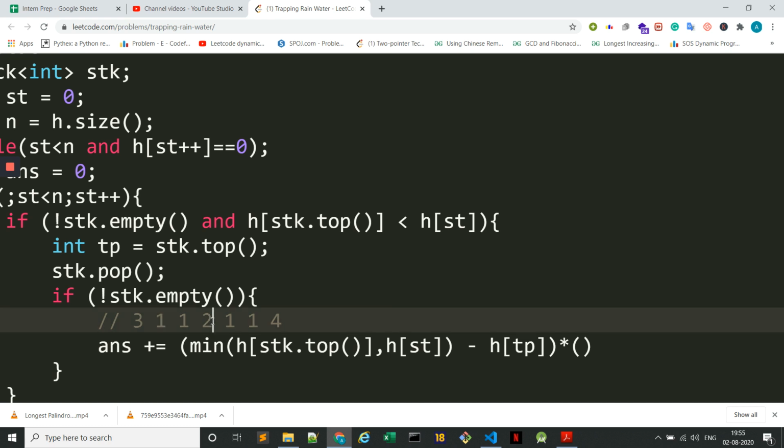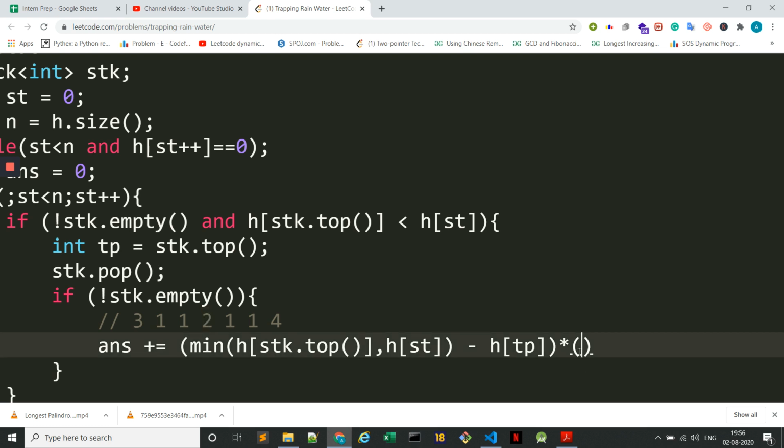because 2 was the minimum between 2 and 3. But when we came at 2, we also need to take care of all those entries between the lower bound and the upper bound, because we have not filled the water in those entries as well. So what we will do is multiply the indices to get the length.